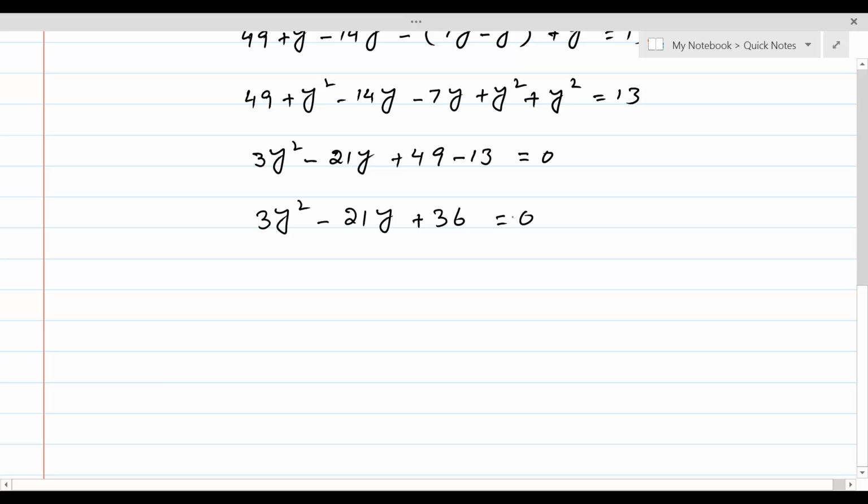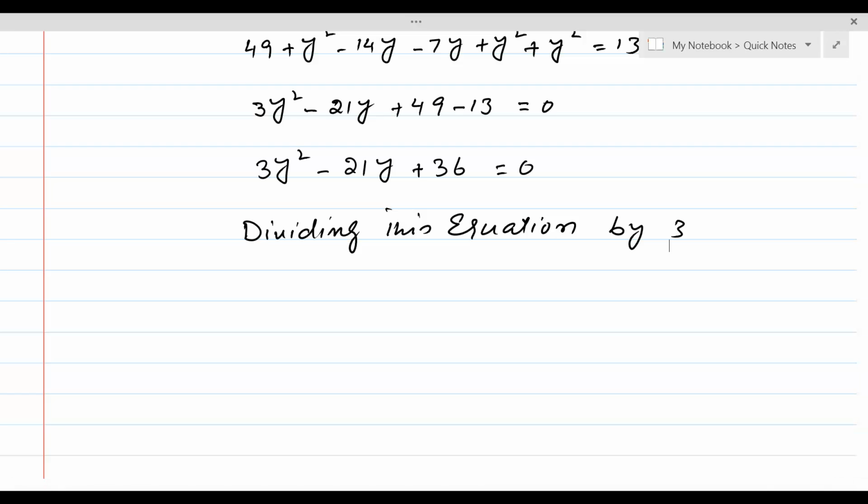If we divide this equation throughout by 3, because each of the numbers in all three terms is divisible by 3, this will further simplify our procedure.